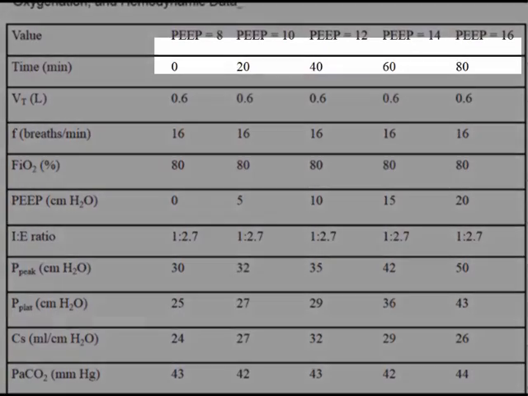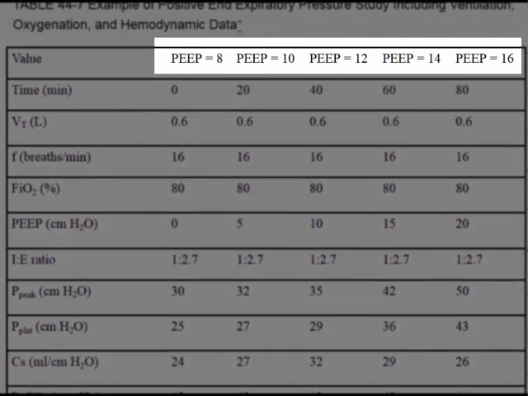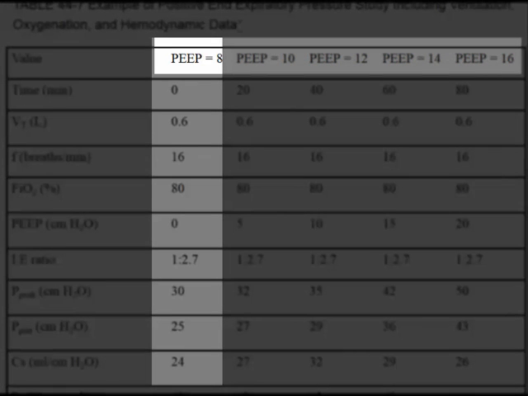And then across the top of this table are the different levels of PEEP. So what we're going to do is evaluate each of these items at each level of PEEP, and we're going to determine the optimum PEEP.